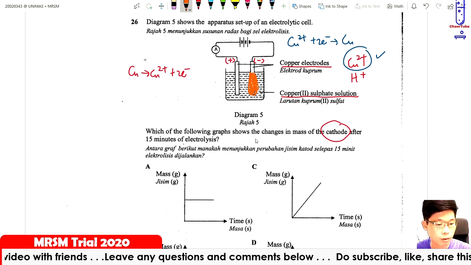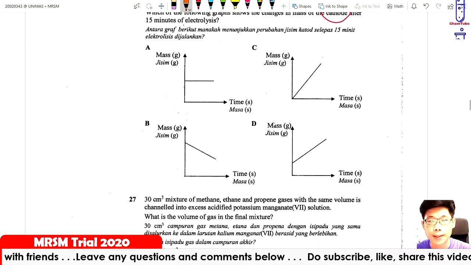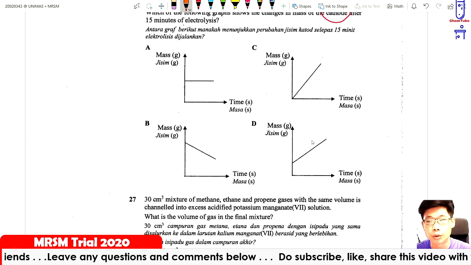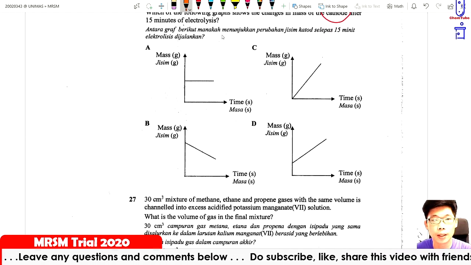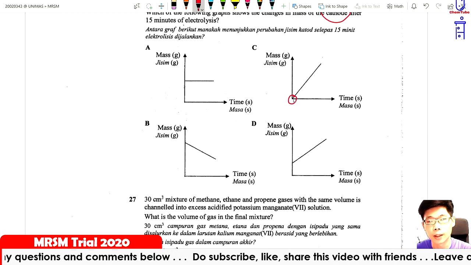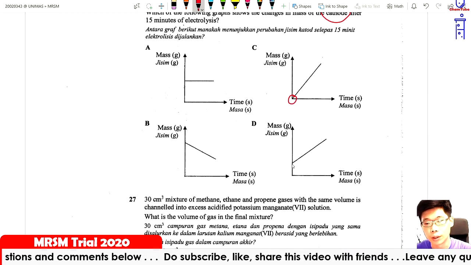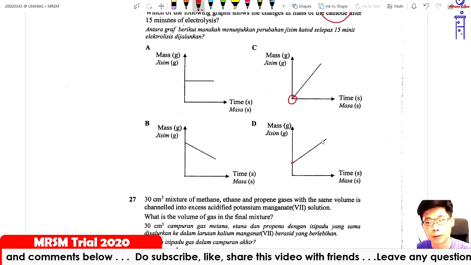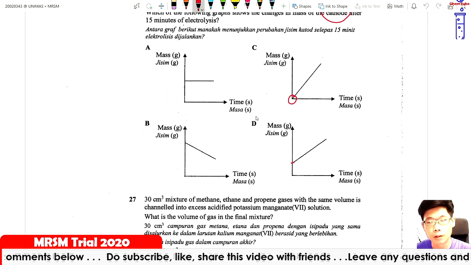So the mass initially shouldn't be 0, it should start somewhere here and keep increasing. So D is the answer.